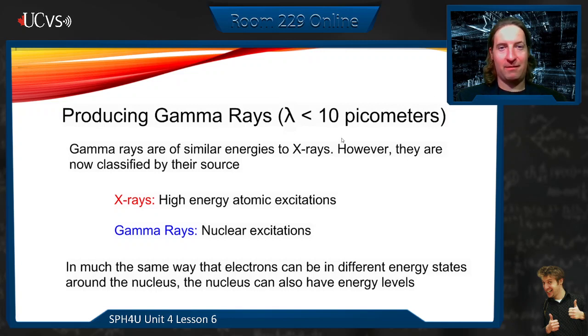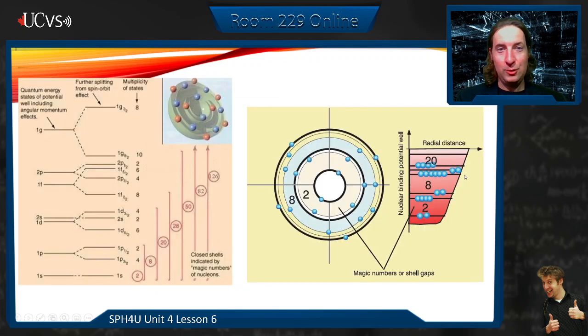Just like electrons can move around, the nucleus itself has, in what we call the shell model of the nucleus, different energy levels. As the nucleons bounce around inside our nucleus, they can produce what we call gamma rays. Gamma rays are nuclear excitations.